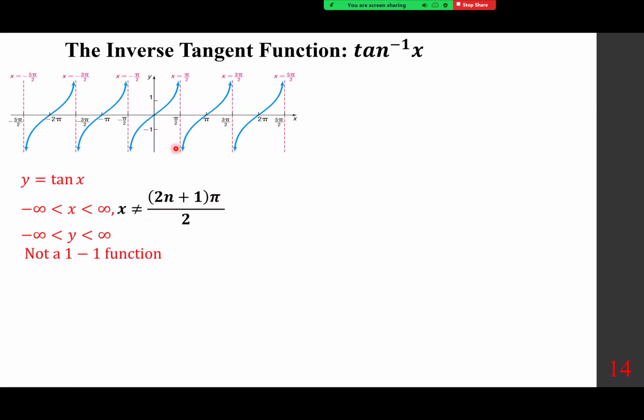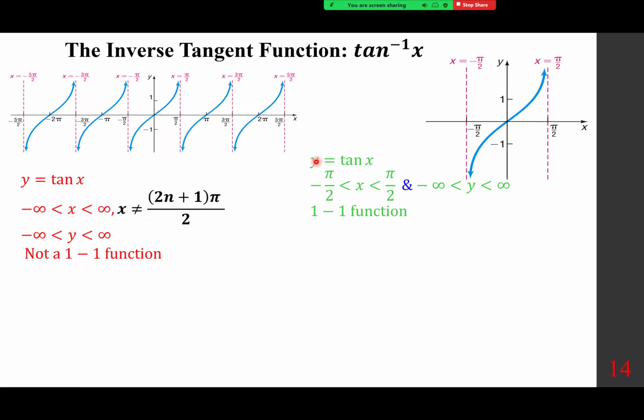However, if you just pick one complete cycle from minus pi over 2 to pi over 2, it covers everything you want. It is a one-to-one function, and we can write when y equals tan x, x is between negative pi over 2 and pi over 2, y is between negative infinity and infinity, and it becomes a one-to-one function.